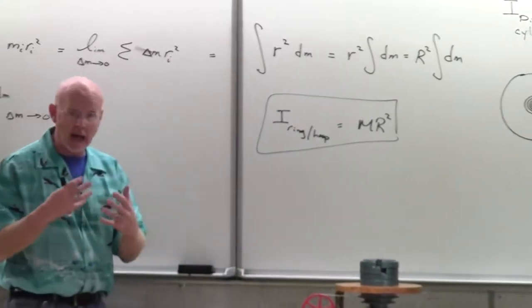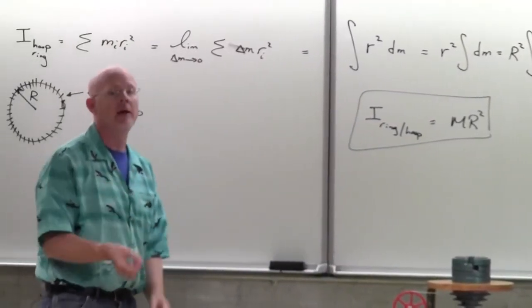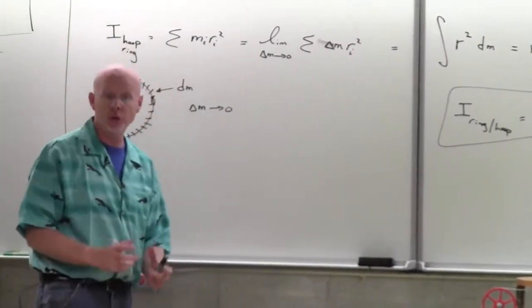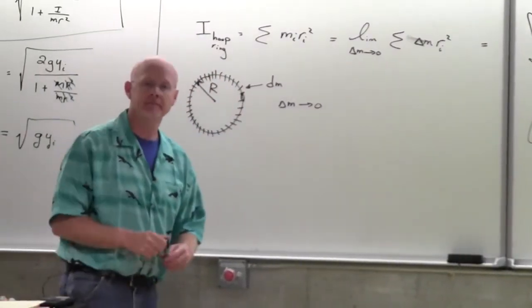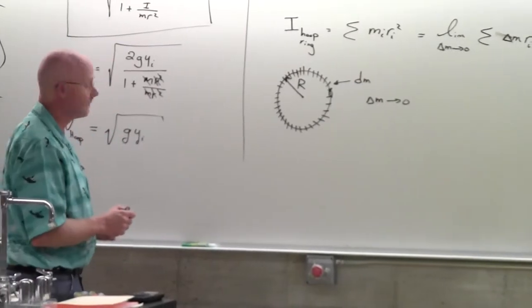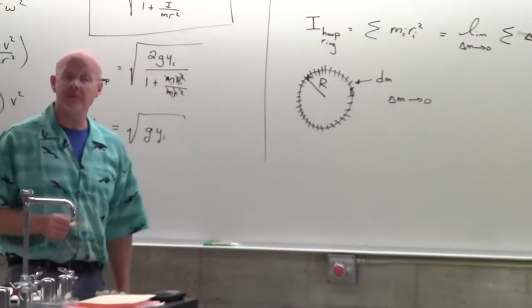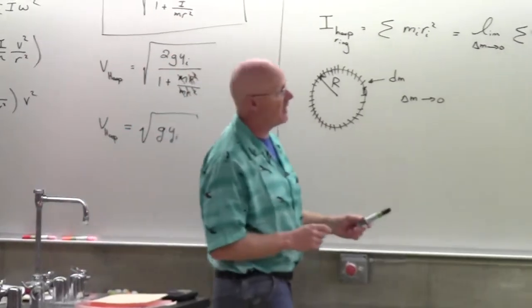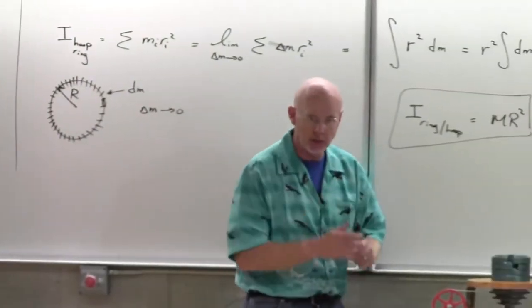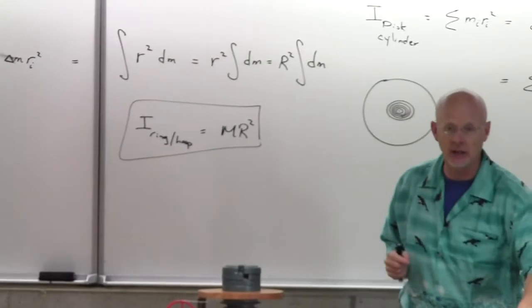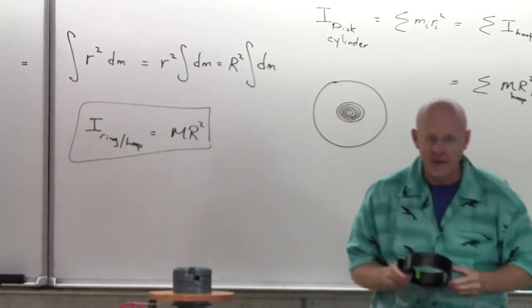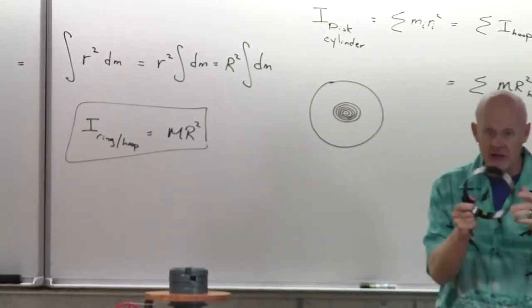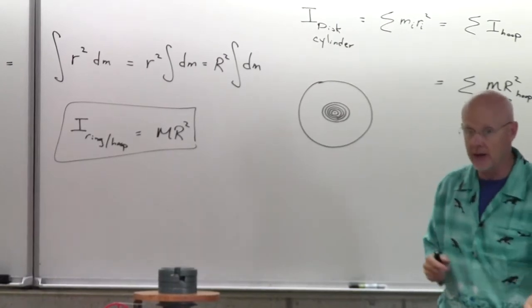So I'm going to add up an infinitely thin amount of hoops. I guess what I'm getting at is, is that an approximation? Because our hoop actually does have... Oh, yeah, good point. So this derivation is an infinitely thin hoop. No hoop is actually infinitely thin. It obviously has an inner radius and an outer radius.